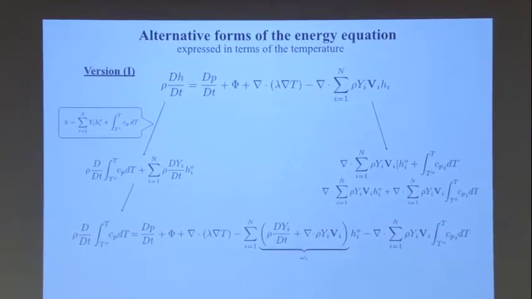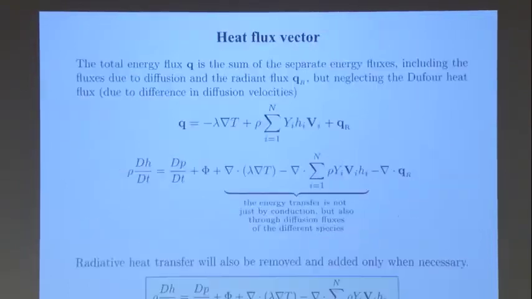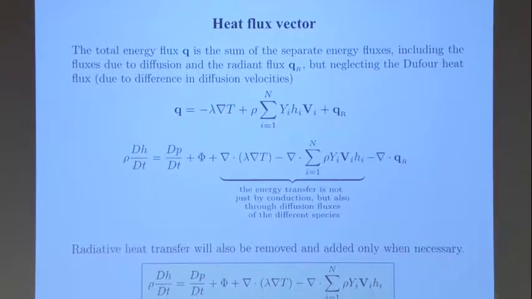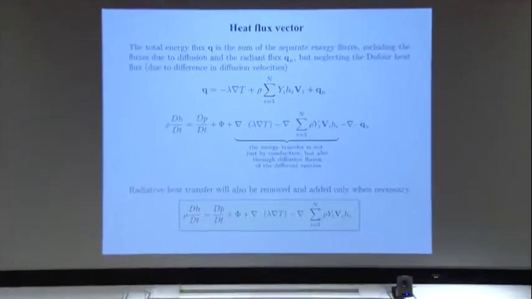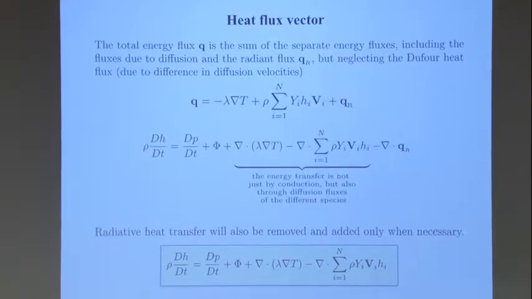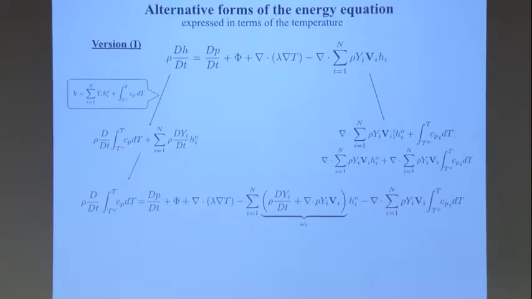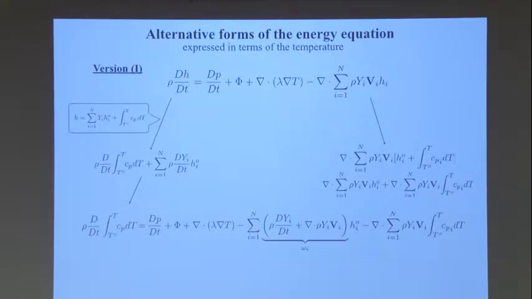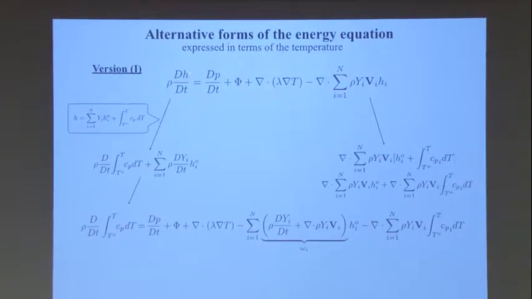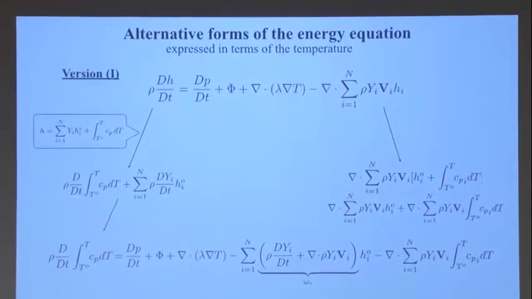So here is one of the forms. I called it version 1. Both of them start from this same general form of the energy equation, which I have expressed in terms of the enthalpy. And the idea is just to introduce, for the enthalpy, or to relate it to, the temperature, basically.